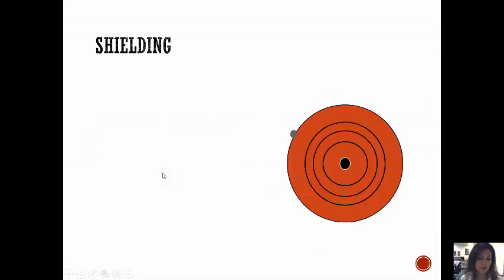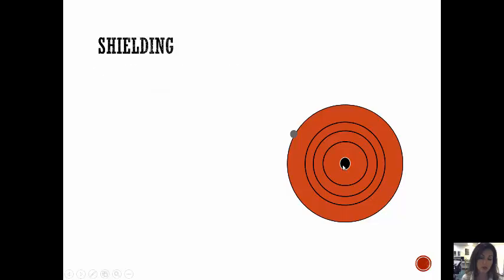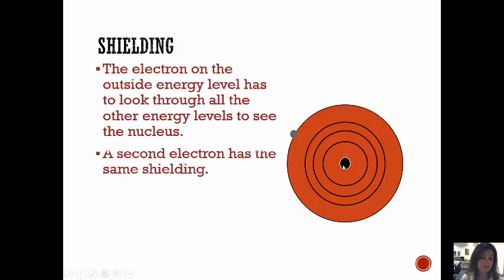So here's the shielding, what I was talking about. An electron right out here has these layers of electrons that it has to see through to even experience any influence from the positive nucleus, right? So the more layers, the more shielding. The second electron that's added here would have the same amount of shielding as this one right here.